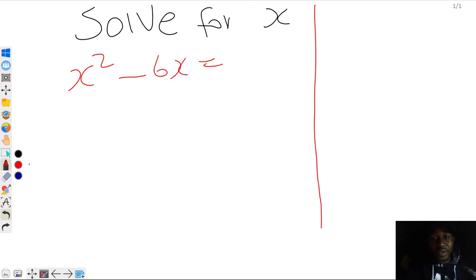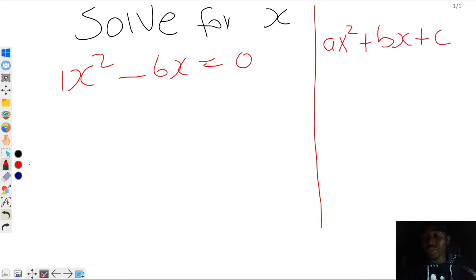It's a quadratic equation, x to the power 2. The quadratic equation is usually in the standard form ax squared plus bx plus c.